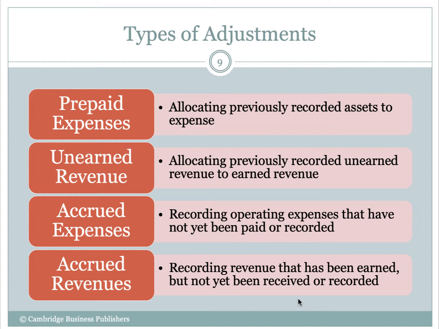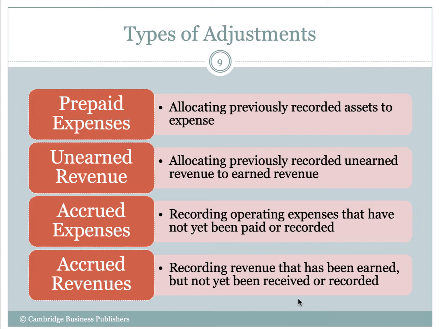Unearned revenue. This is where we allocate previously recorded unearned revenue to earned revenue. Okay, well, what do you mean by that? Well, we saw that example in the previous slide where somebody gave us cash and in the future, we're going to provide them with either a service or a product. In our example, we used pumpkins, right? So what we have here is a liability.